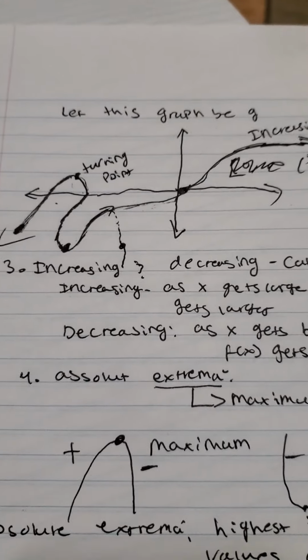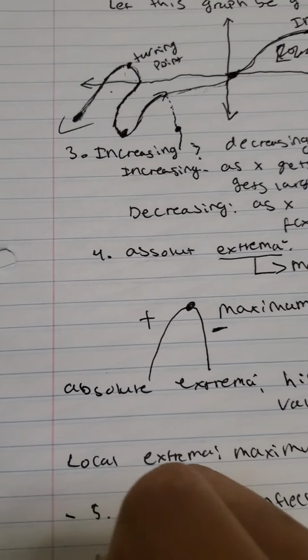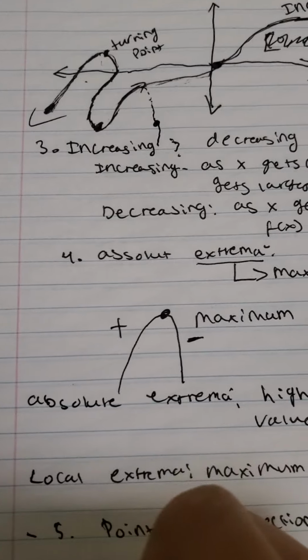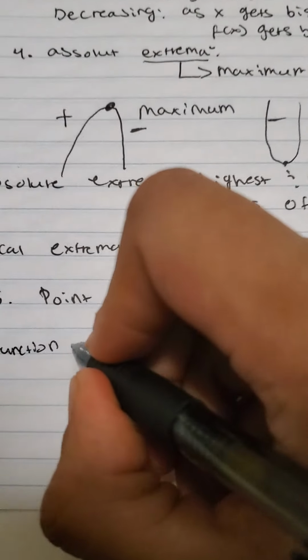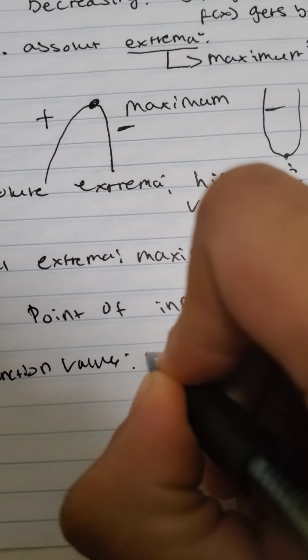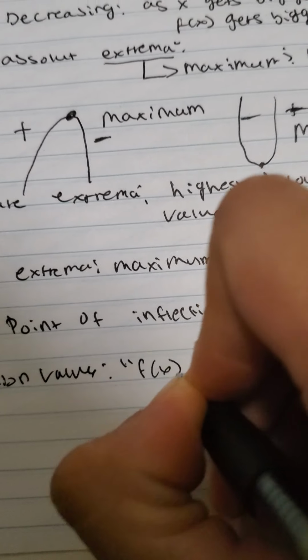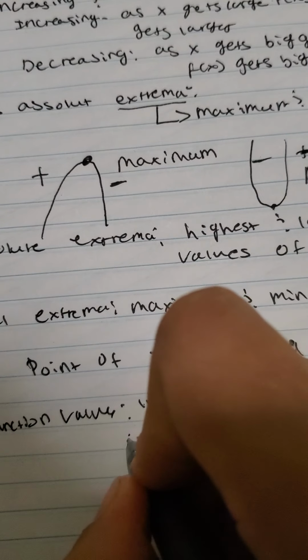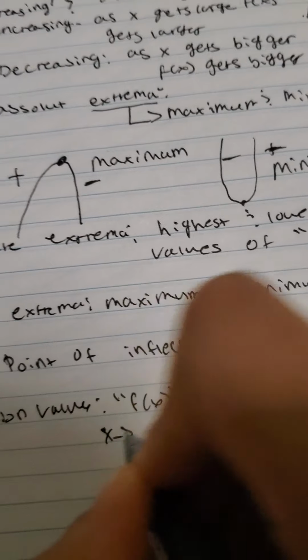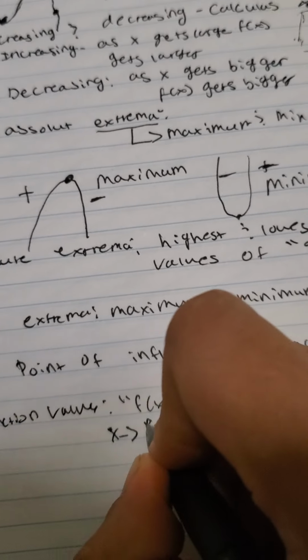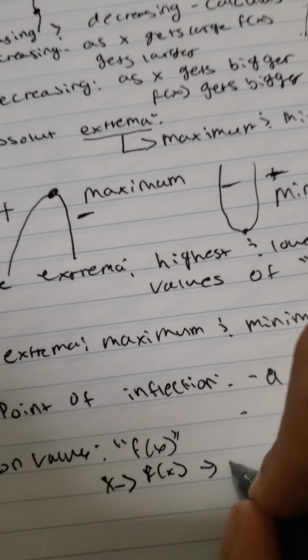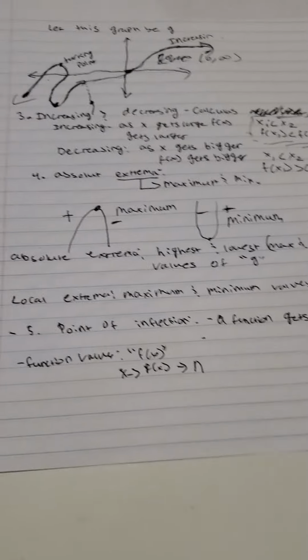And I also forgot to mention the functional value, which is f of x, pretty much. So if we plug in x to f, we get out a number. That's all functional value means.